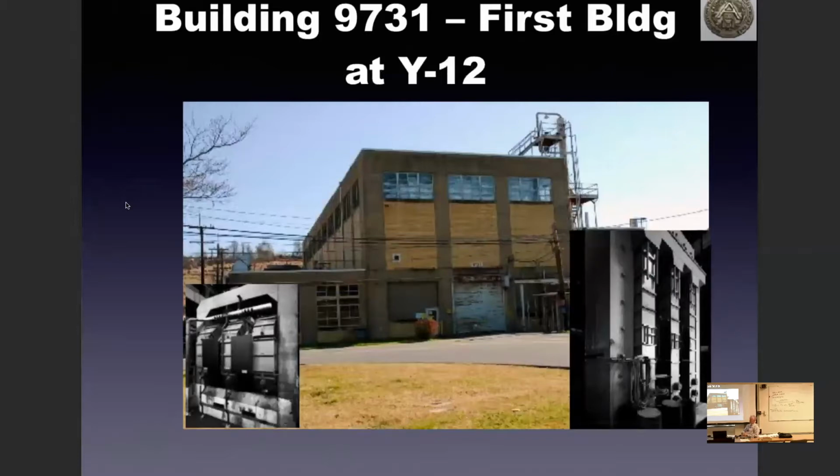That all hit the press in 1983, the missing mercury. There was a mercury report that was released in 1983, and it was a huge public relations nightmare in dealing with that, because it was unaccounted for.